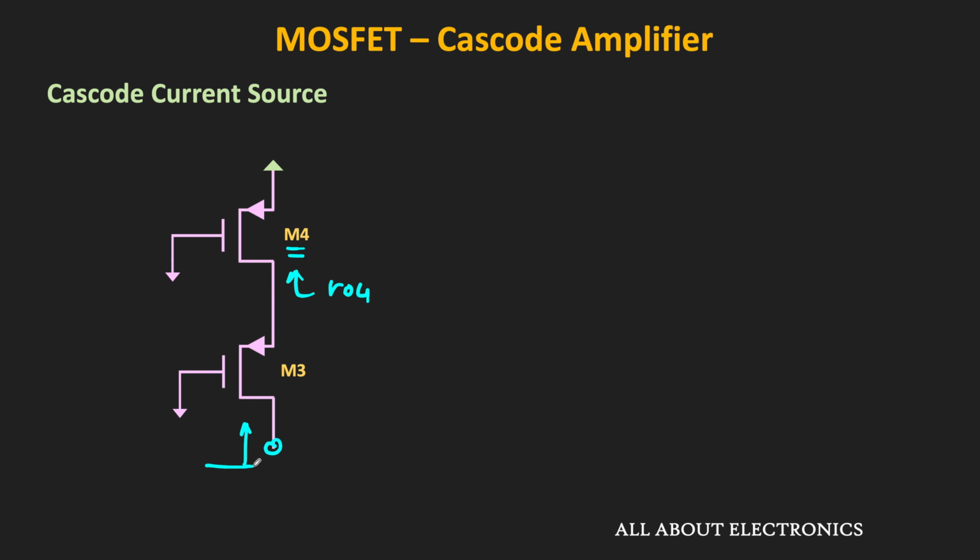That means the equivalent impedance seen from this side will be equal to R03 times gm3 times R04, where gm3 and R03 are the transconductance and the output resistance of this M3. As you can see, it is significantly greater than that of a single PMOS transistor. Let's call this resistance ROP.